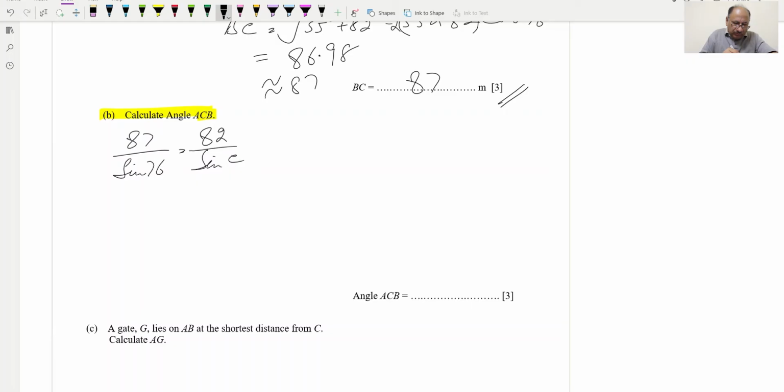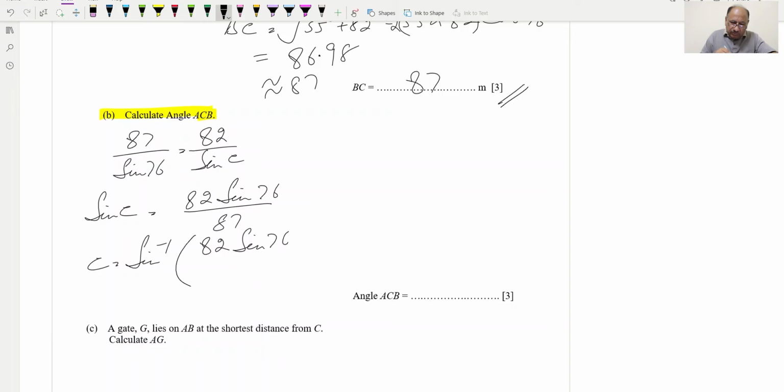So sine C will be equal to 82 sine of 76 divided by 87, and C will be equal to sine inverse of 82 sine of 76 divided by 87.